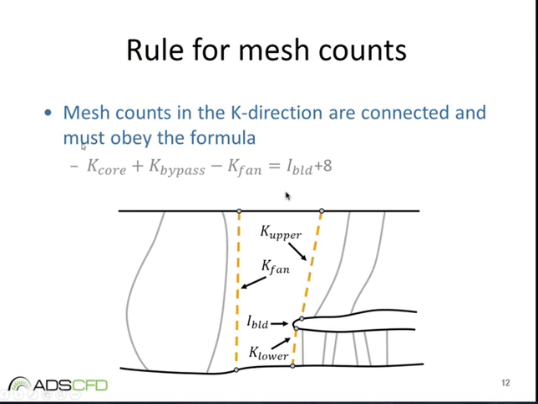It's pretty simple. The sum of the number of core and bypass K-planes minus the number of fan K-planes should be equal to the number of I-planes. That's this thing right here that we mentioned earlier. It's the number of points around the leading edge of the split flow plus 8.